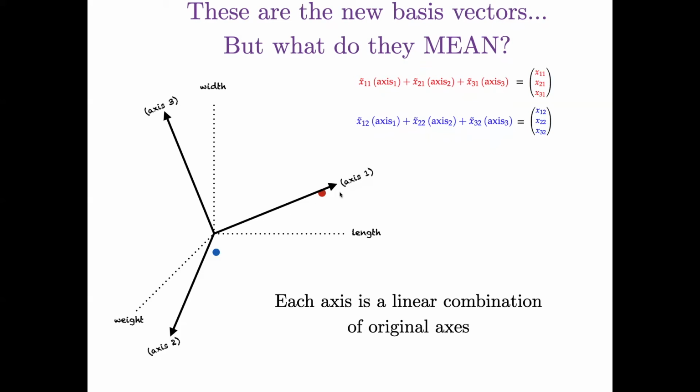If I think of axis 1 as a vector rather than the whole line that spans the axis, just as a direction vector, I can get to this vector from a linear combination of length, weight, and width.